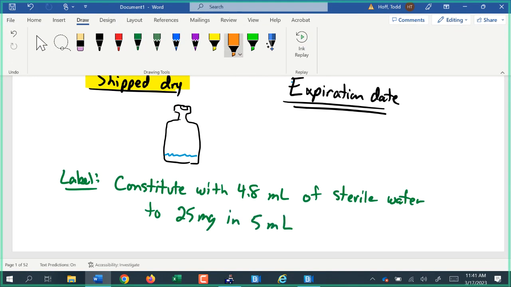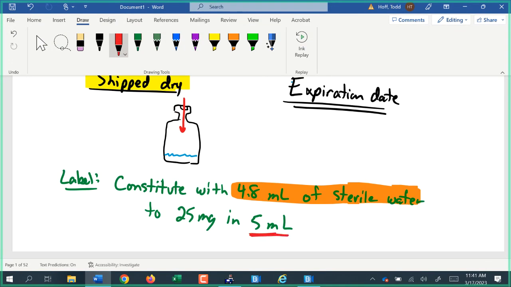So all this is saying is that when you go to constitute the solution, you take 4.8 milliliters of sterile water, or NS as we've been calling it, and you inject it into the vial. And then, of course, shake it up, mix it up. The result, once you do that, should be a total volume of 5 milliliters.